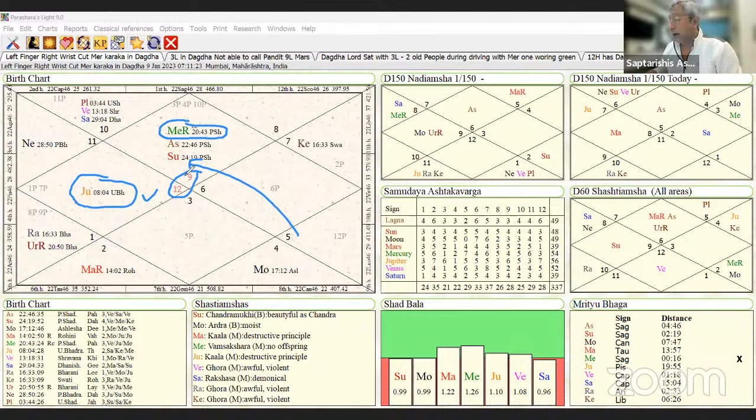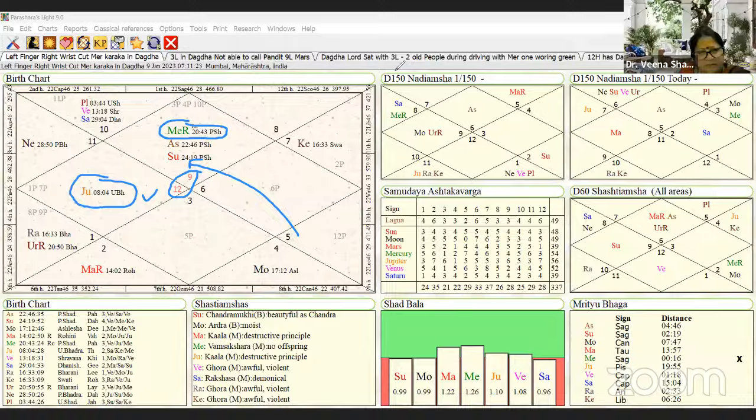Lagna is body. Mercury is hands, the karaka of hands and fingers, third lord. It is a Naisargic third lord and also a Naisargic sixth lord. Everybody with me? Yes, sir.